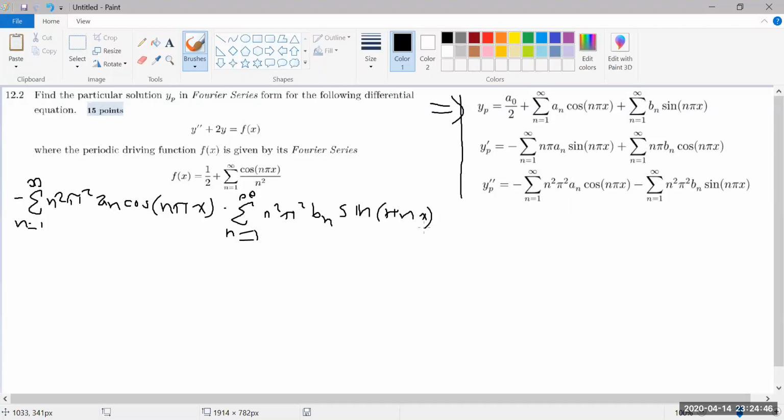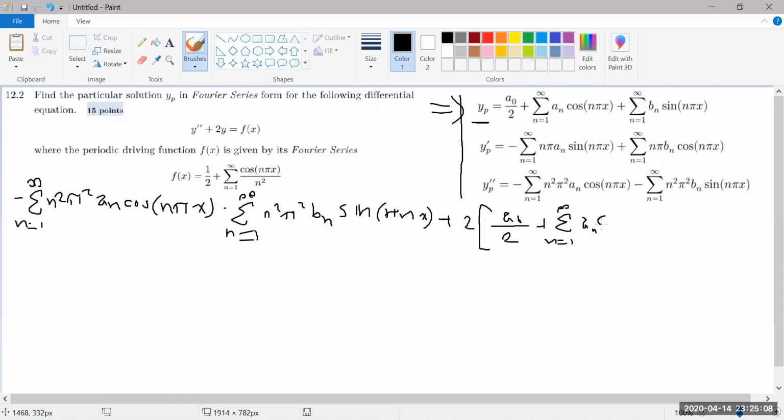And now we have plus 2 times our a sub naught over 2 plus the summation n equals 1 to infinity of our particular solution up here.